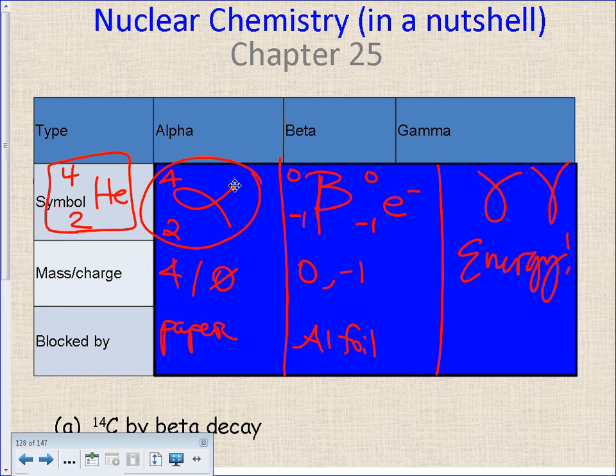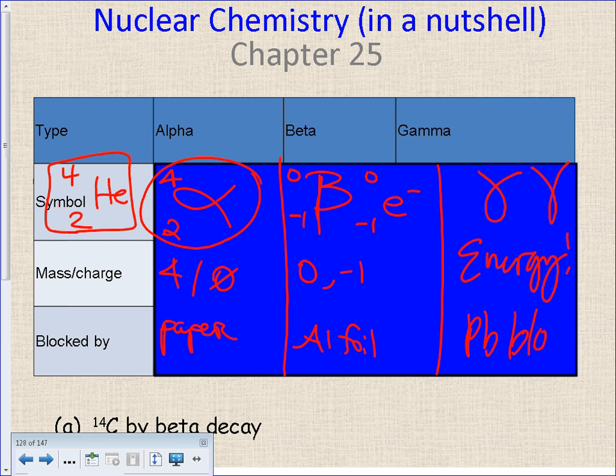Speaking of wavelength, sorry, is gamma on the short side or the long side of the wavelength? Incredibly short. So short, it squeezes between the cells in your body and gets through your DNA. Just like a lot of UV radiation, a lot of stuff can do that because it's just really, really, really, really short wavelength. So what do we have to use to block it? Yeah. Lead block.